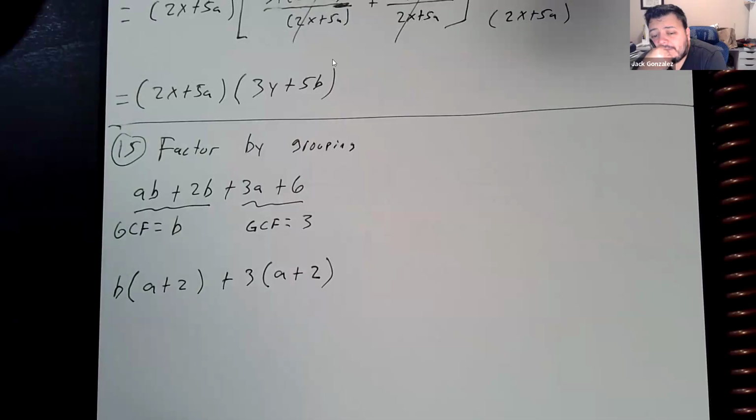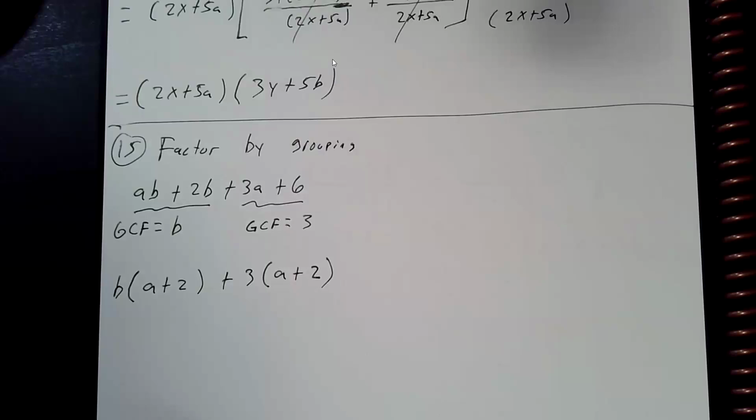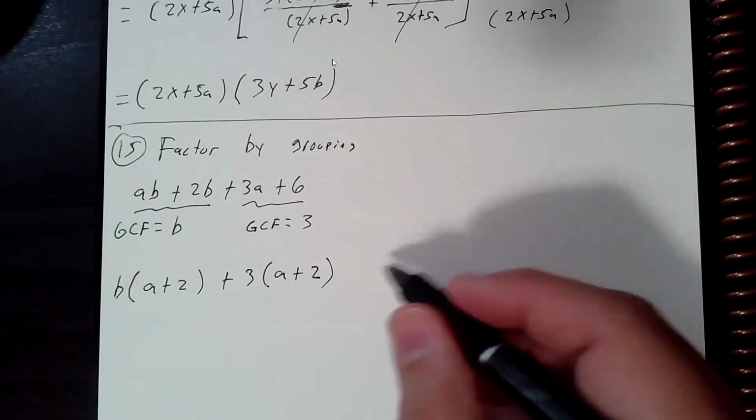So what do we do next? Put together the B plus 3 on the end, and then A plus 2 together.